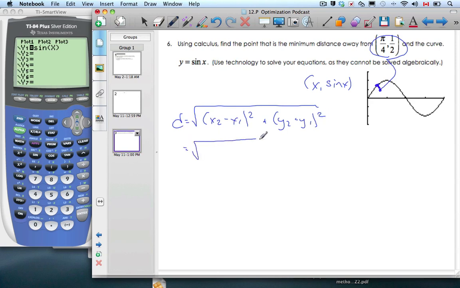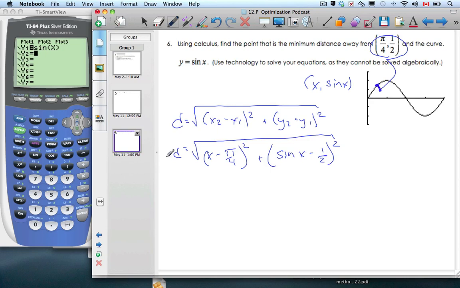If I plug in my values, I get x minus pi/4 squared plus sine x minus 1/2 squared. This is d, and I want this to be a minimum.